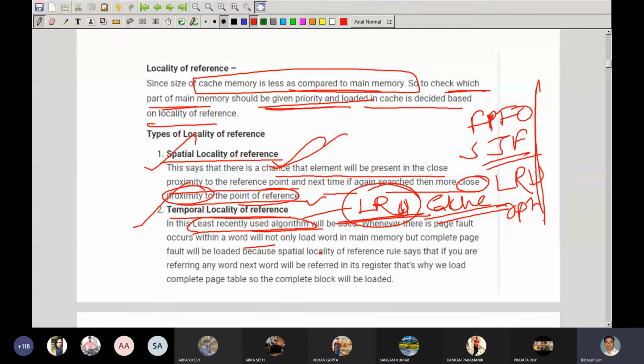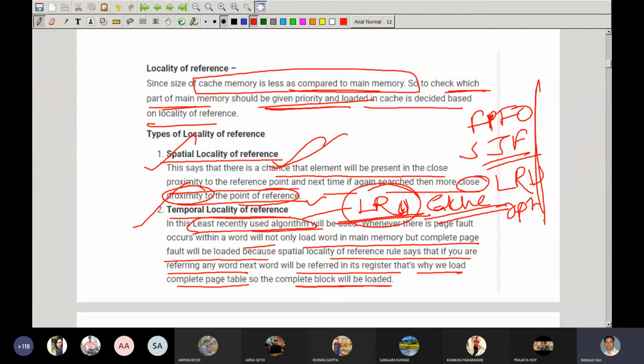When a page fault occurs with a word, we will not load only the word from main memory, but the complete page, because the spatial locality of reference rule says that if you are referring to any word, the next word will be referred to as well. That's why we load the complete page, so that the complete block will be loaded.